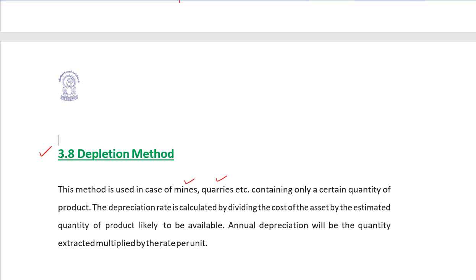The depreciation rate is calculated by dividing the cost of the asset by the estimated quantity of the product likely to be available. Annual depreciation will be the quantity extracted multiplied by the rate per unit.